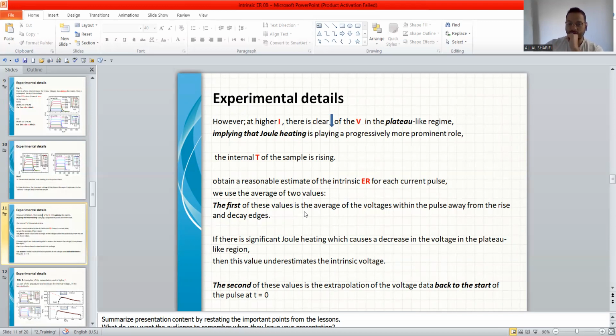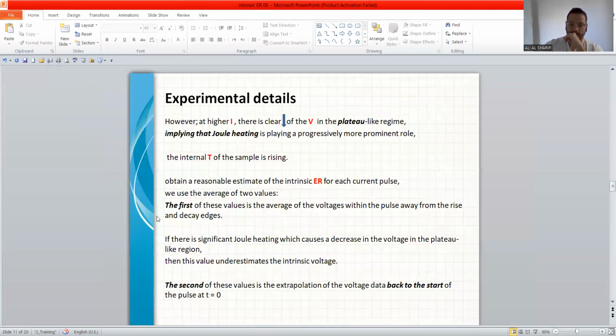If there is significant Joule heating, which causes a decrease in the voltage in the plateau-like region, then this value underestimates the intrinsic voltage. Here, underestimate is important. The second value is the extrapolation of the voltage. Extrapolation of the voltage here is important. What does that mean? That means we will take another look, but from back to the start point.